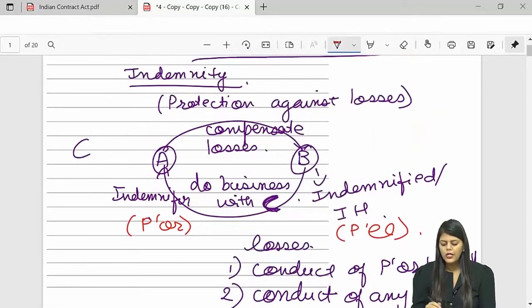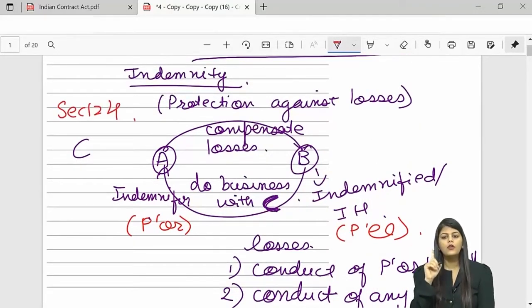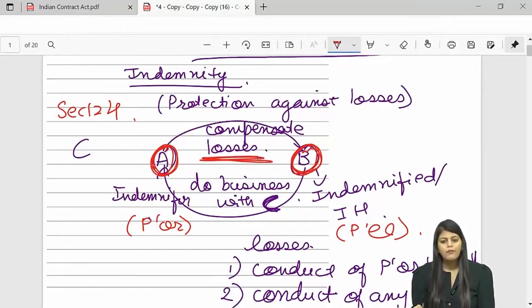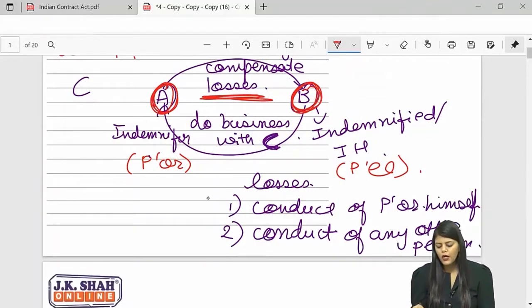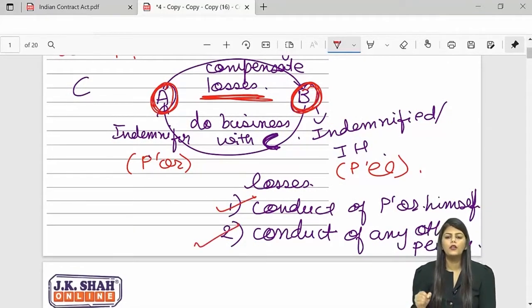Section 124, indemnity contract: it is a contract where one person promises to save the other against future losses, incurred either due to the conduct of the promisor himself or the conduct of any other person. It is an indemnity contract.